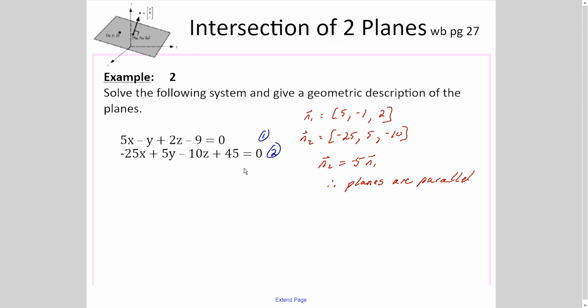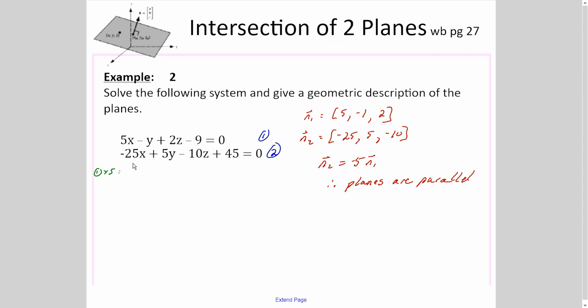So I'm going to take my equation 1. I'm going to multiply by 5 in this case, or -5, I should say. Excuse me, you know what, I am going to multiply just by 5.